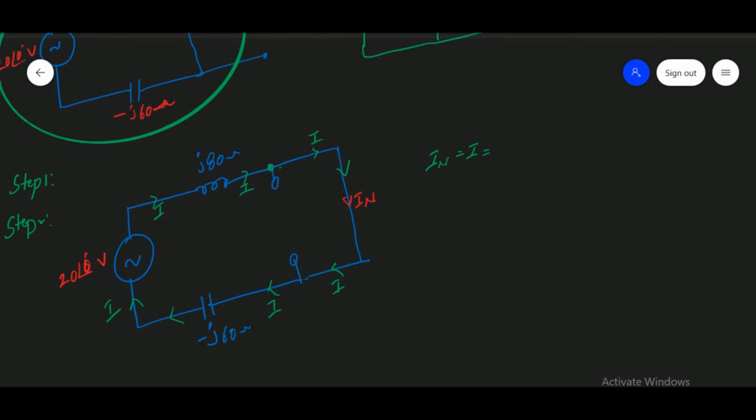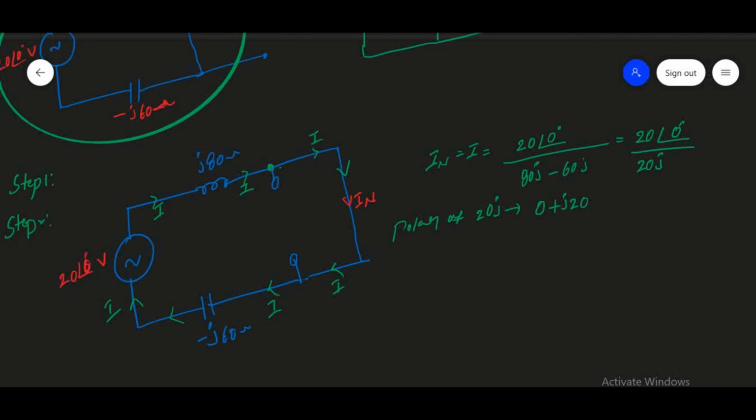But what is I? Total voltage by total impedance. Total voltage is 20 with an angle of 0 degrees, divided by total impedance j80 minus j60, which is equal to 20 angle 0 degrees by j20. Let us consider the polar form of j20. j20 can be written as 0 plus j20.